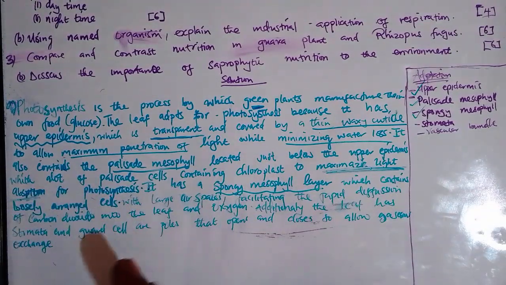For removal of what? For removal of oxygen from the leaf into the environment, it also requires what? Stomata, because these are what? Pores. What can you say in simple terms? You can say that these are tiny pores which allow the diffusion of oxygen and carbon dioxide. Moving on to our last part.